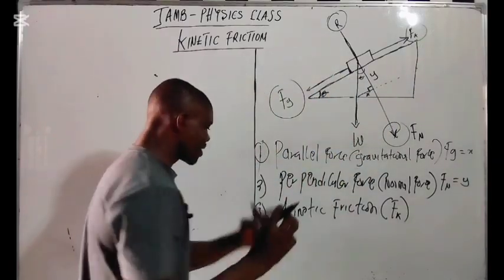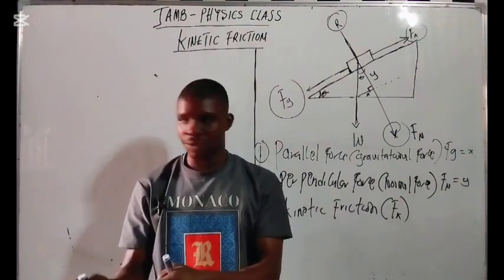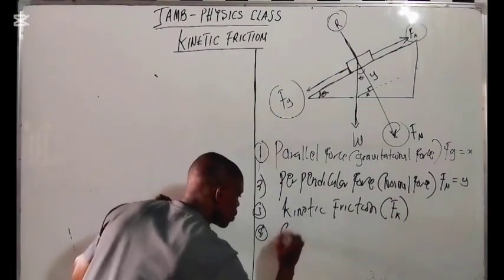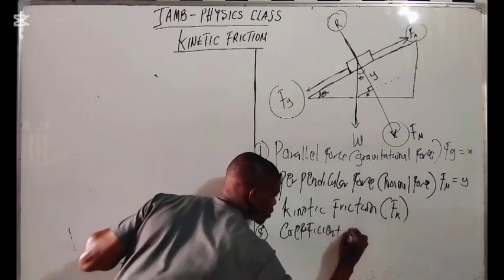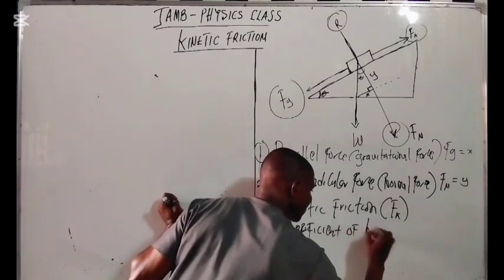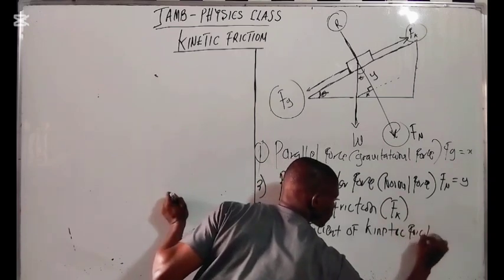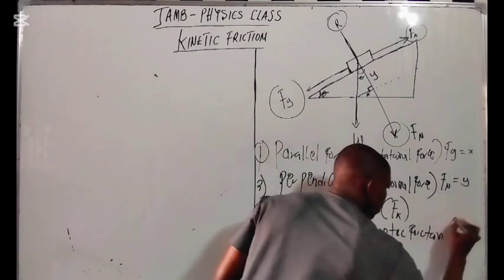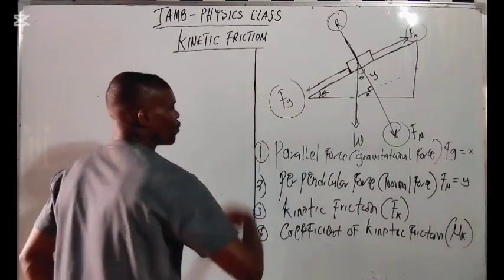Another thing you want to understand here is number 4, the coefficient of kinetic friction, which is mu k. So we are going to look at each and every one of them.